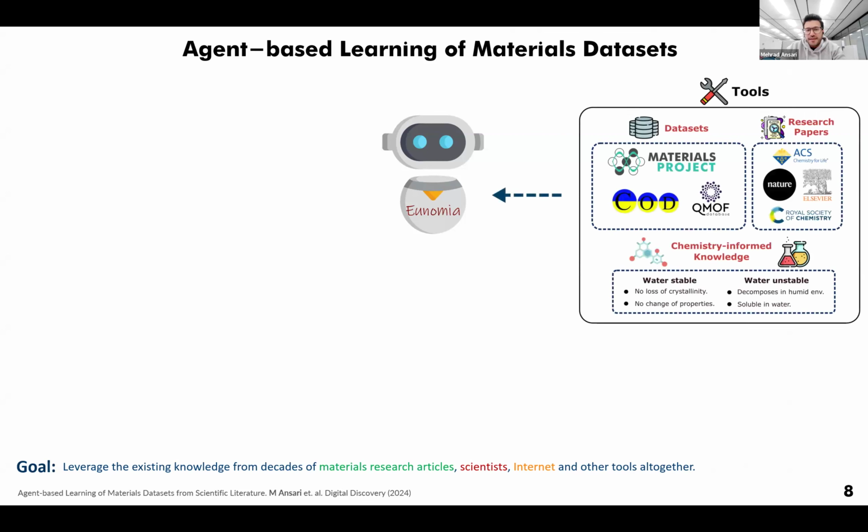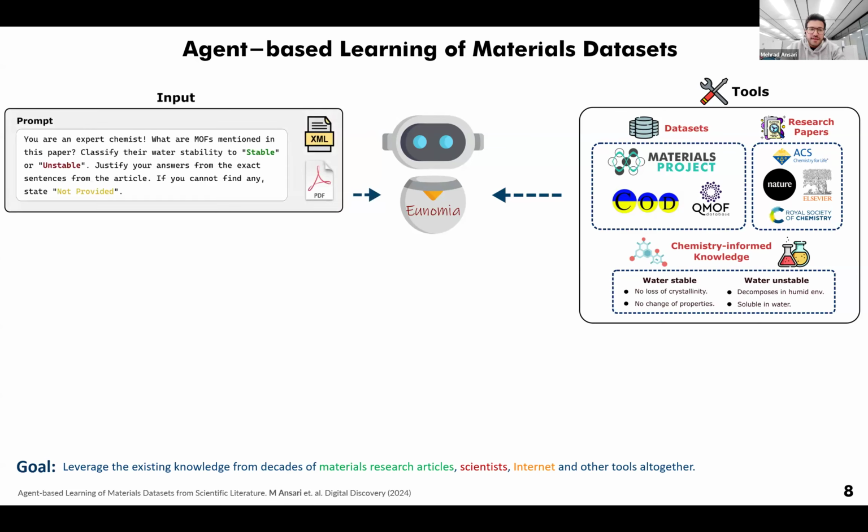How this works is that, again, we augment the LLM with a RAG tool. This is retrieval augmented generation based on maximum marginal relevance search so that we keep diversity in the answers we get from these documents. And we incorporate our own chemistry-informed knowledge into the workflow as well. And I'll talk about that shortly.